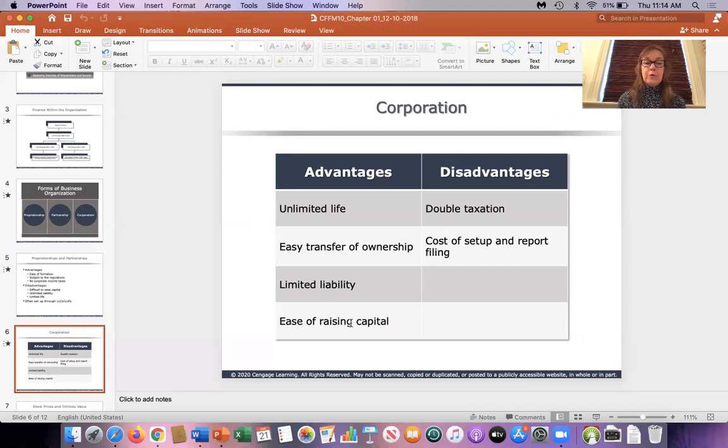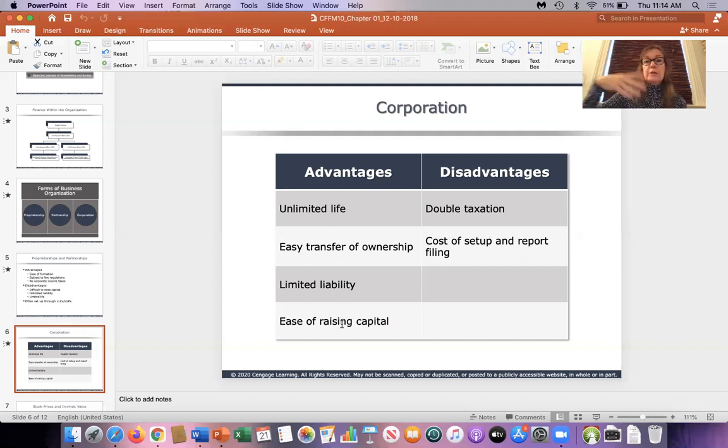Very easy to raise capital. You can issue bonds or you can issue stock, and it's very easy to raise a lot of capital. That's a main reason why, as I mentioned previously, some sole proprietors or partnerships will incorporate. One of the main reasons is the limited liability, but I think the main reason is that it's easier to raise capital.